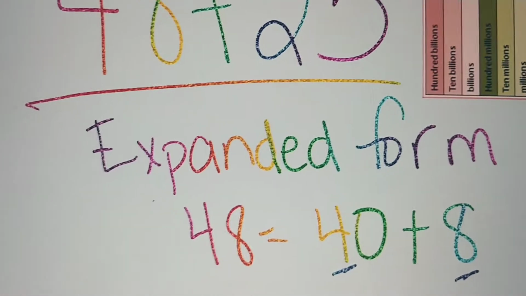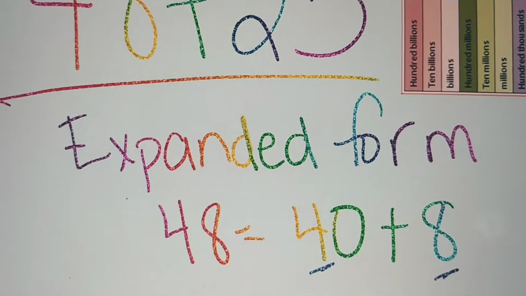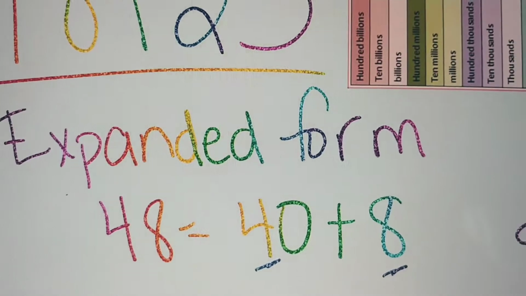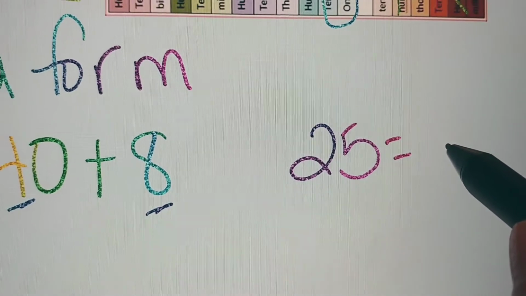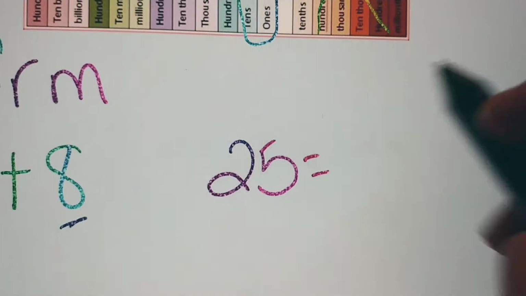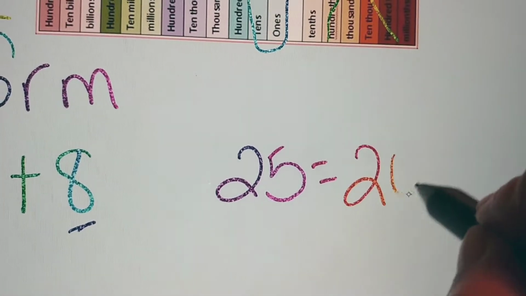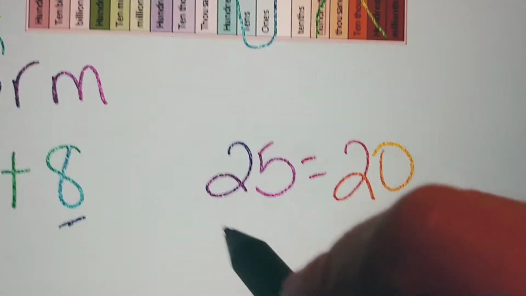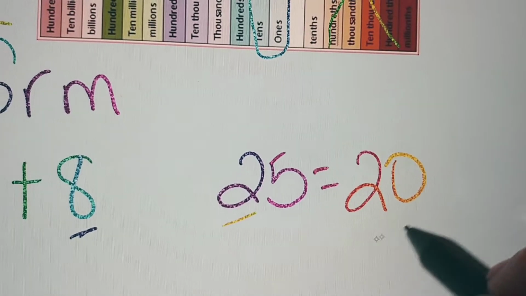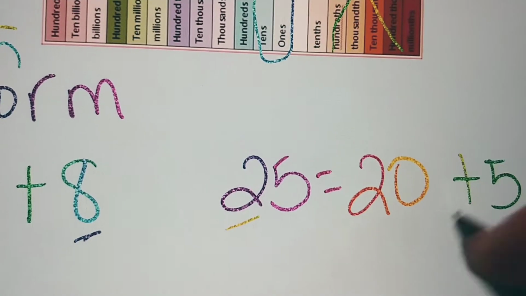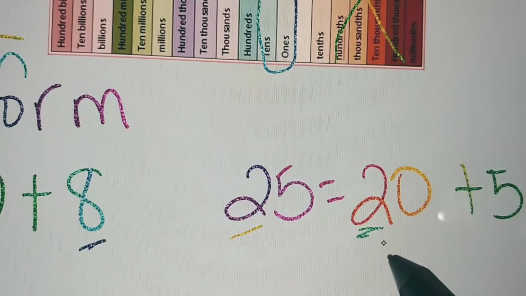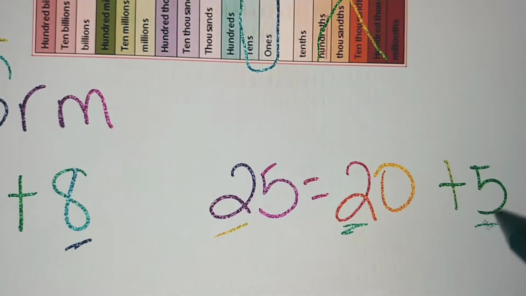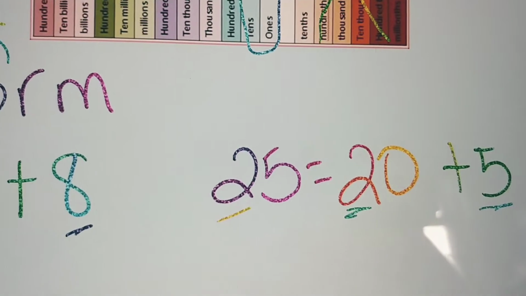Okay, and then we have the number 25. The 2 is actually worth 20 plus 5. So the 2 is worth 20, and the 5 is worth 5.